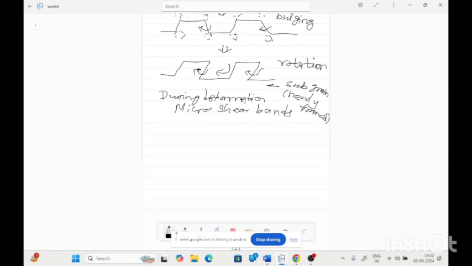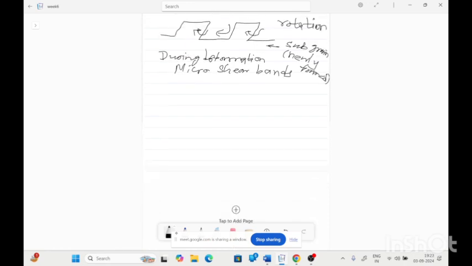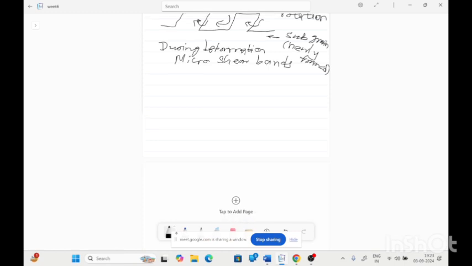During the deformation process, micro shear bands are also formed, which also lead to the continuous dynamic recrystallization process.